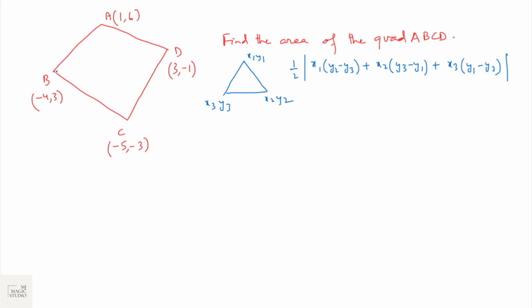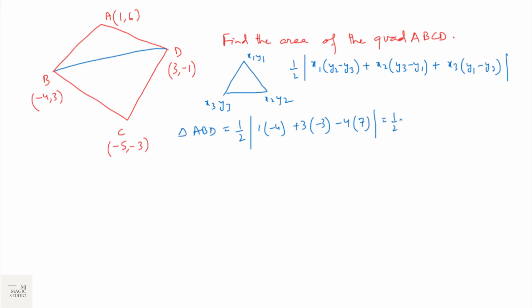So let me join BD, the diagonal. Then we have two triangles, ABD. Area of triangle ABD using this formula would be half into, if I start this with 1, 2 and 3, 1 into minus 1 minus 3 is minus 4, plus 3 into 3 minus 6 is minus 3, minus 4 into 6 plus 1 is 7.